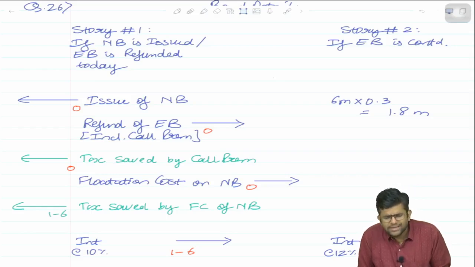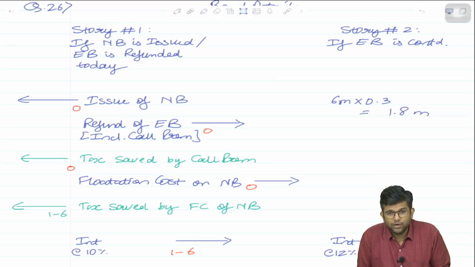Do you understand that when the existing bond must have been issued to Bhavani a few years back, at that time also I must have incurred some flotation cost, many years back?